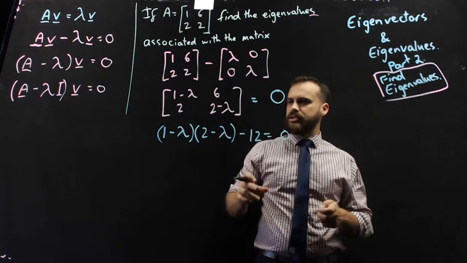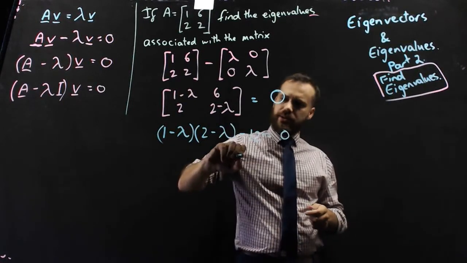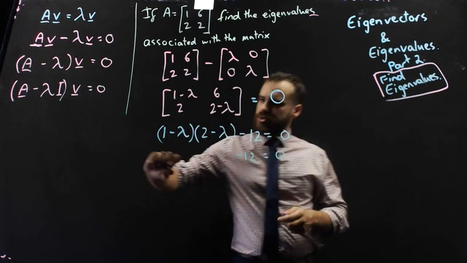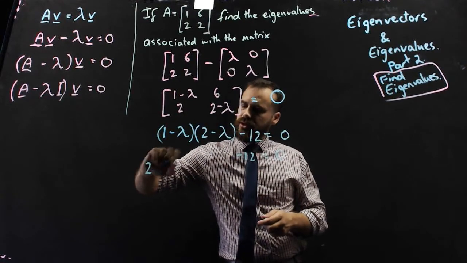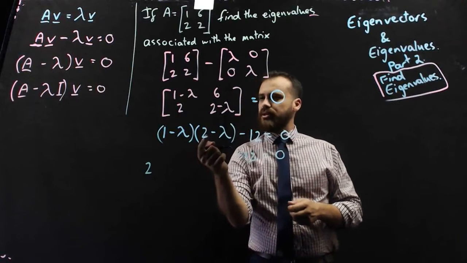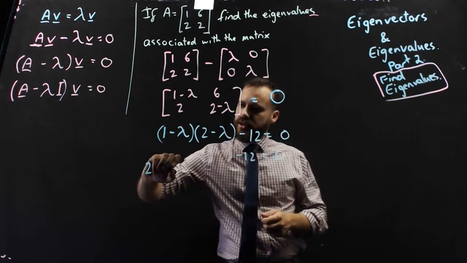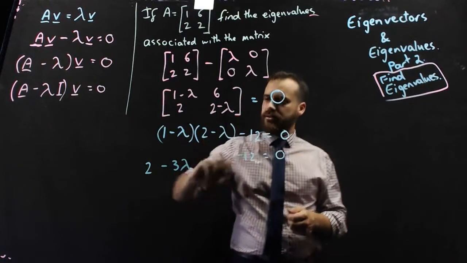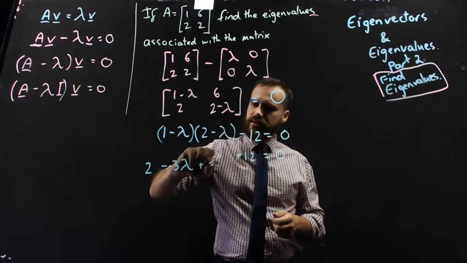Now you can expand that, and what you're going to end up with is negative 12 out the front there. 1 times 2 is 2. You're going to end up with negative 2 lambda, negative 1 lambda, so negative 3 lambda, and lambda squared.